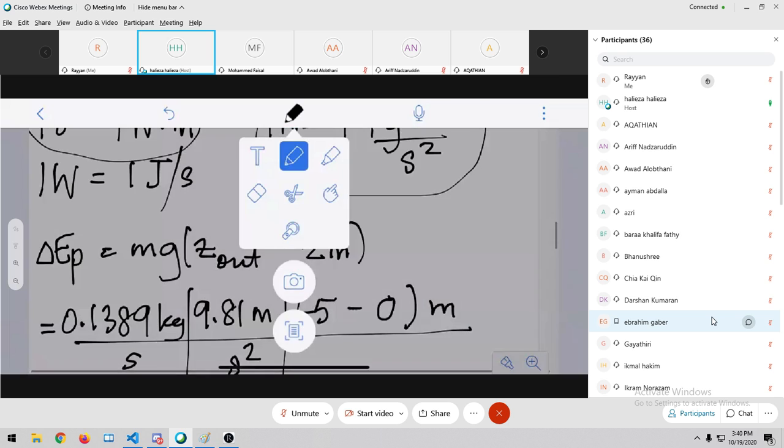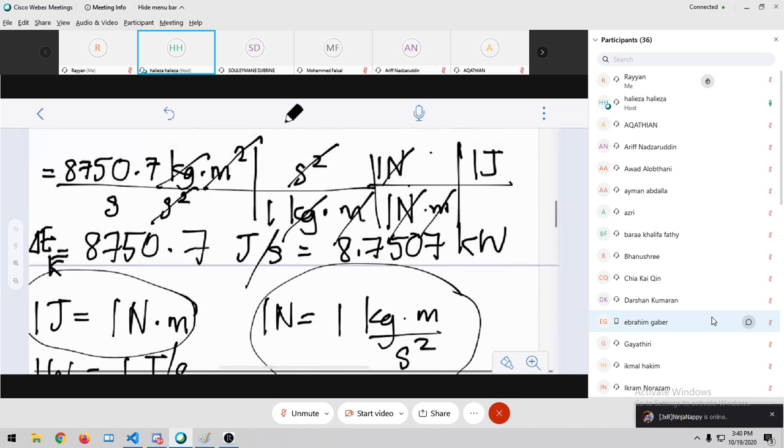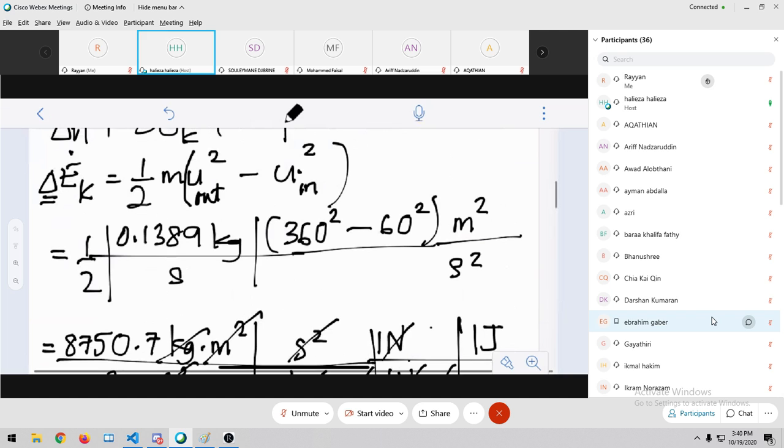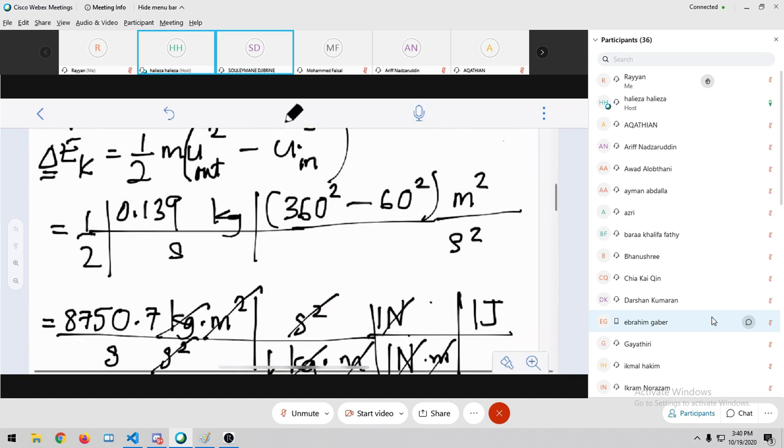Okay, I think that's close enough, isn't it? I don't think it will change much. Yeah, it's close if you round it. That will change this also, isn't it? The answer will not be that significant. Yeah, if you want to correct it, it's up to you.